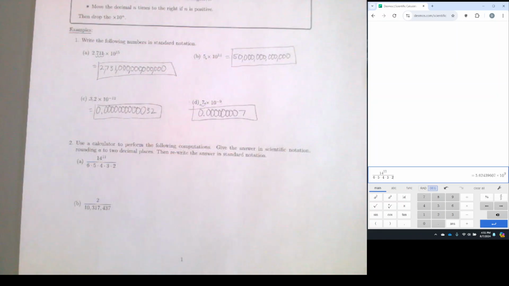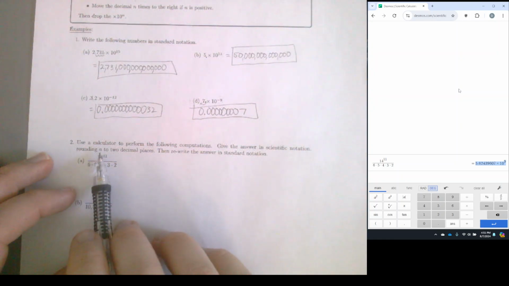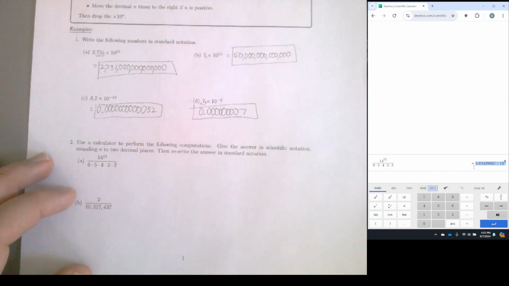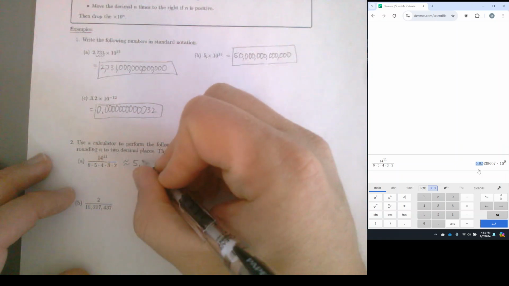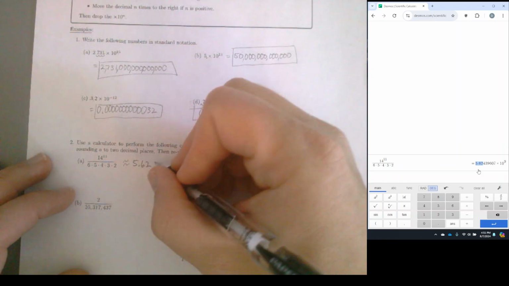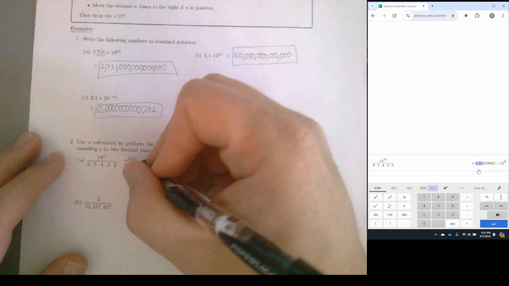And you'll notice that Desmos gives me the answer in scientific notation. I was asked here to give the answer in scientific notation, rounding A to 2 decimal places. A is this number right here, so I'm rounding that to 2 decimal places. That's about 5.62 times 10 to the 9th power. Okay, so there's my answer.